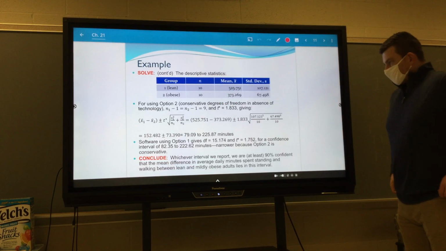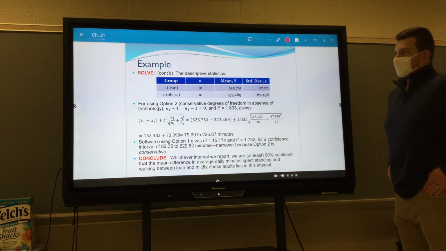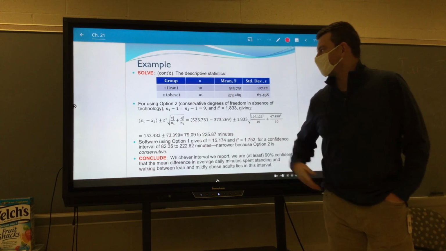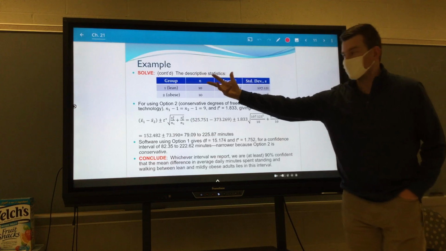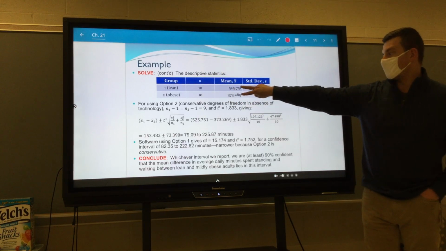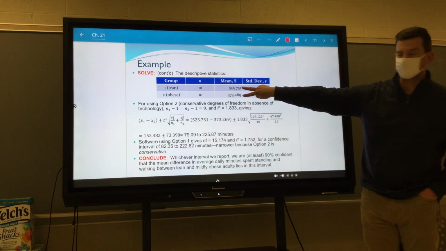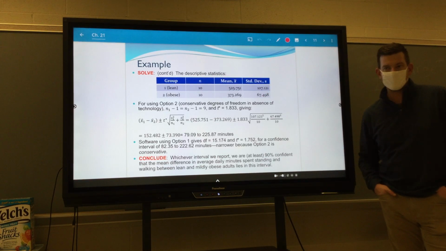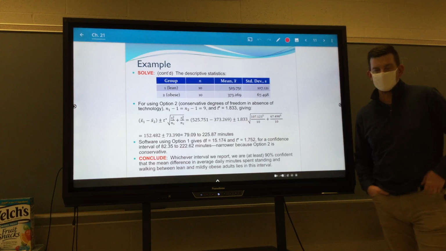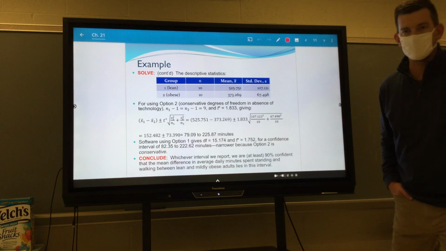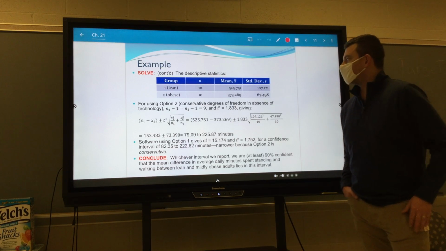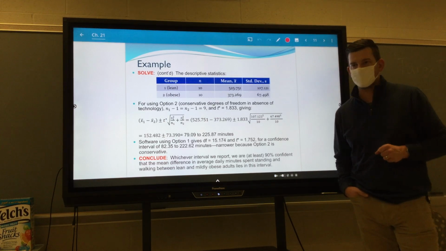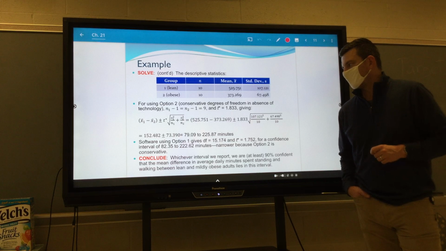So, in this case, we have the descriptive statistics provided for us. It finds, well, the sample size we know, but the sample mean for both the lean and the obese group, and the sample standard deviation for both the lean and the obese group. And in a second, I'll show you what you'll be doing on the calculator or with GeoGebra to get these values if they're not provided for you.